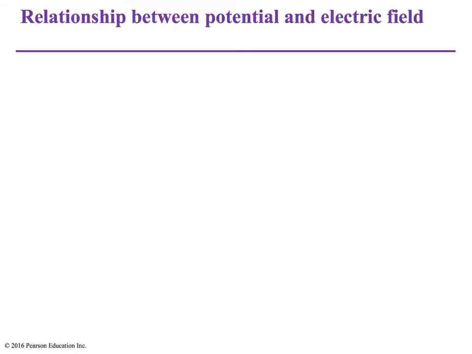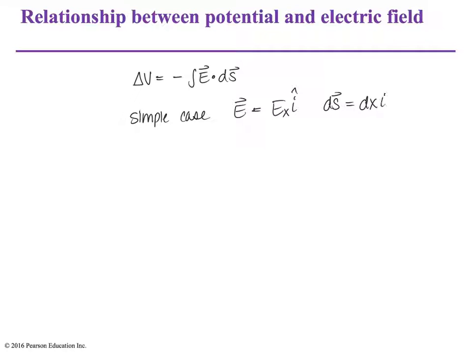Finally, we're going to use this relationship to find a relationship between the potential and the electric field. So again, we have this, delta V is equal to minus E dot ds. For the simple case, let E be equal to Ex in the i direction, and then of course ds, let it be equal to dx in the i direction.